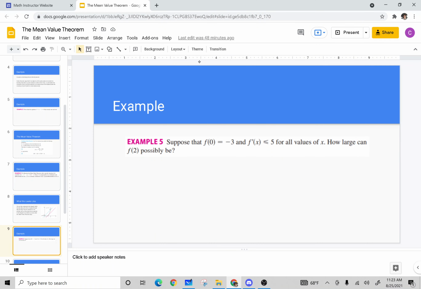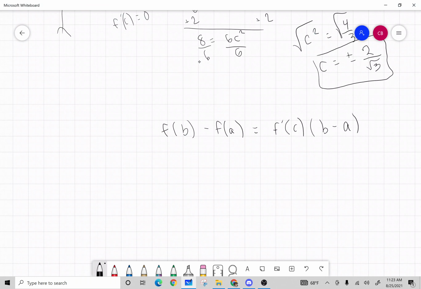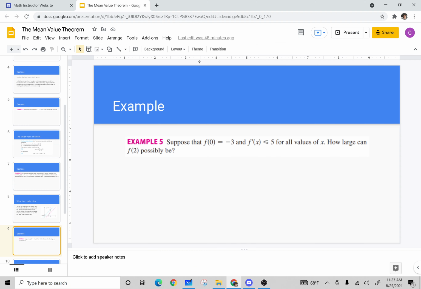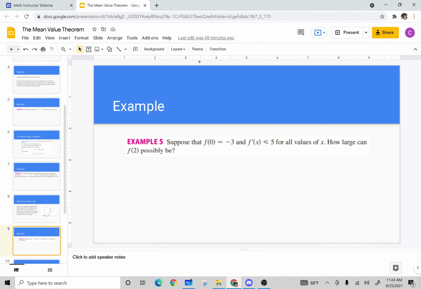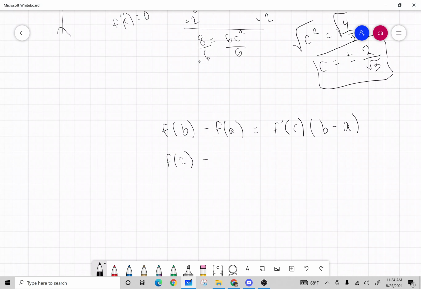And we have f of 0 being equal to negative 3. Okay, so we want to know f of 2. Well, we don't know what f of 2's value is, but we can put f of 2 there, minus the value at f of a, which is f of 0.